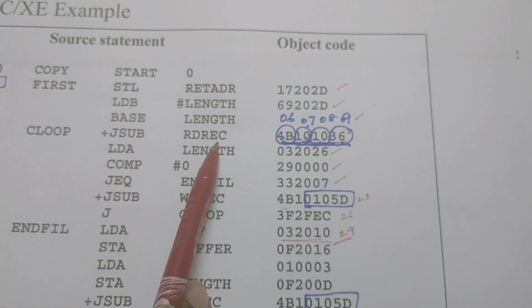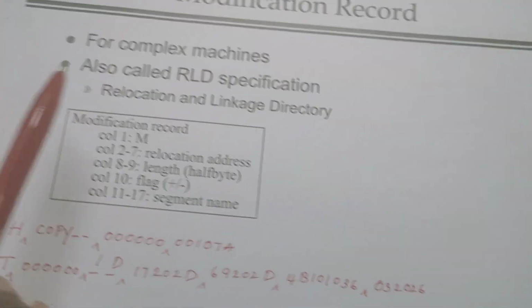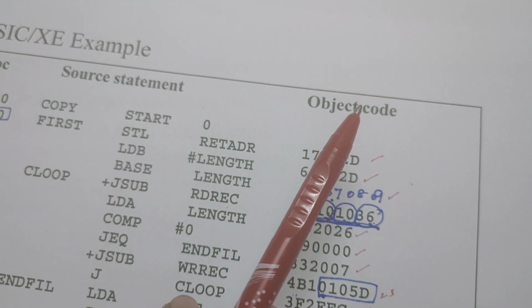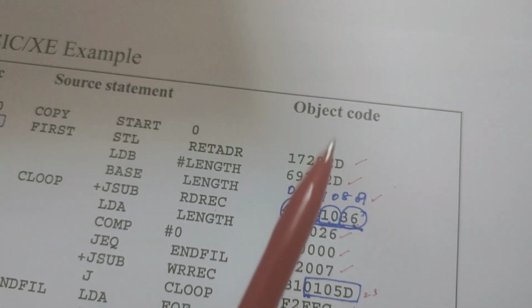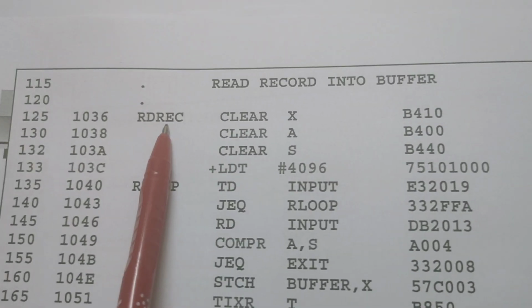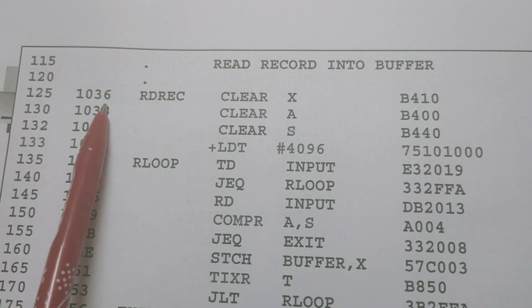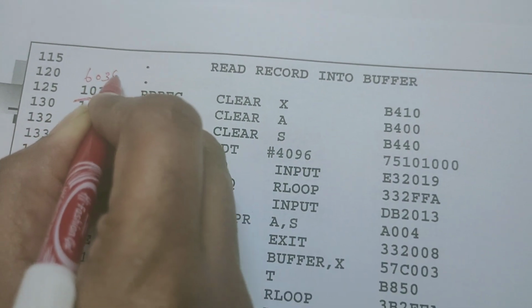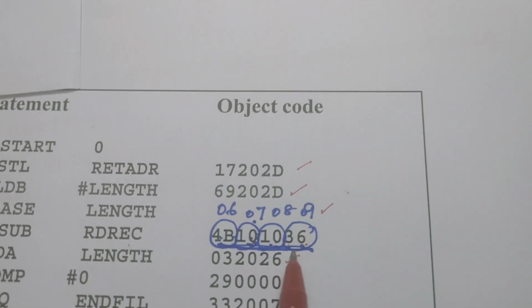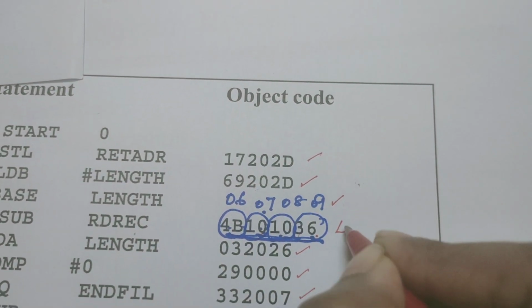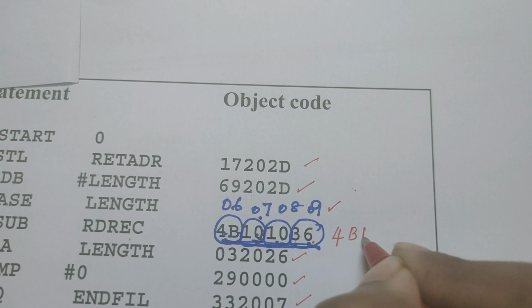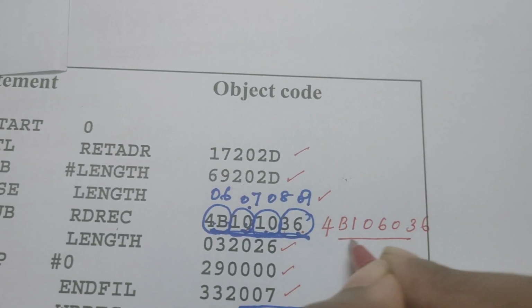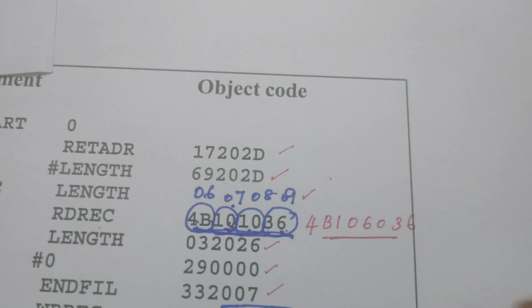What will be the address of read record? Yeah, the address of read record will become 6036. So if this address is modified as 6036, obviously my object code should get modified as 4B106036. This is how my object code is to be rewritten.